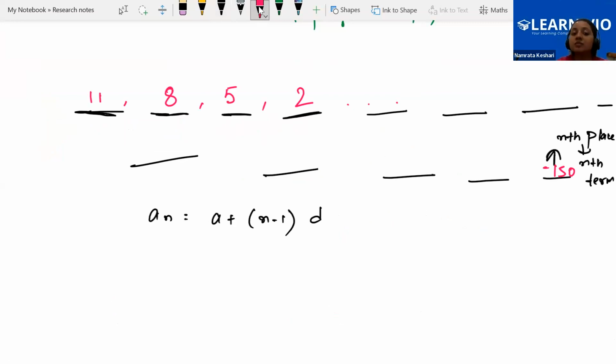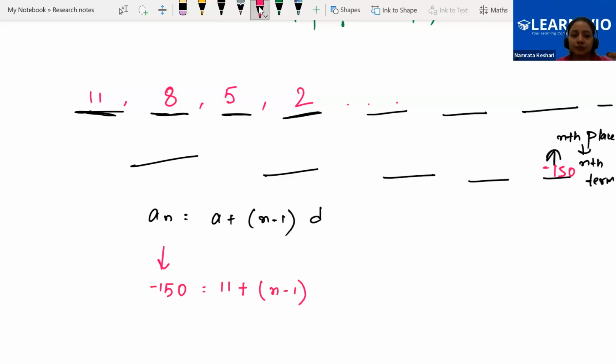So an is minus 150, n will remain as it is. a, d, everything we will get from the sequence. Can you tell me, Galvin, what is a over here? Yeah, a is 11, perfect. And what is d?